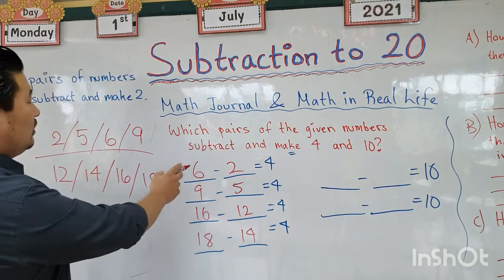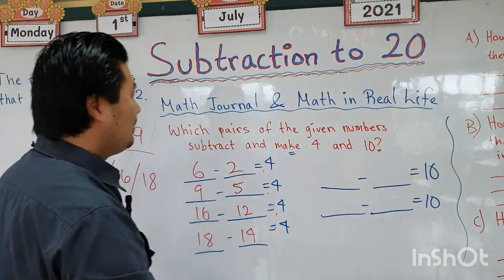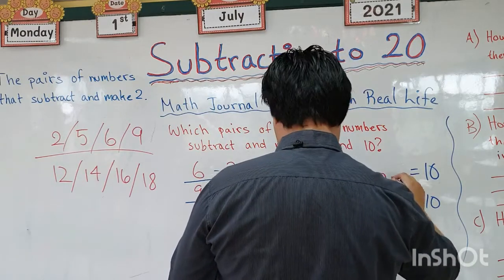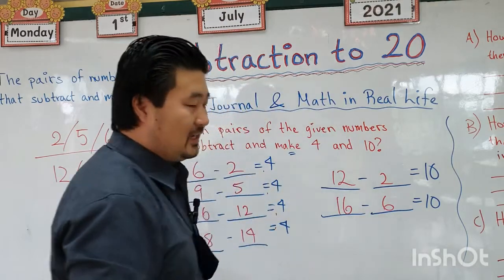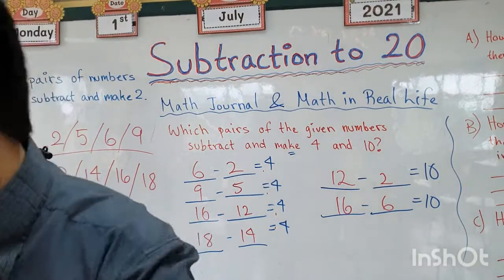Okay, so these 4 number sentences equals 4, and then equals 10, and we have 12 minus 2 and 16 minus 6, that equals 10.